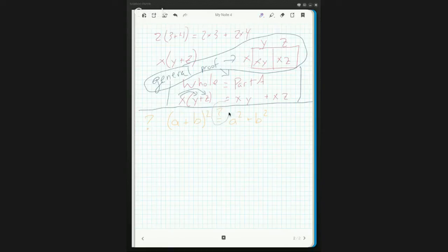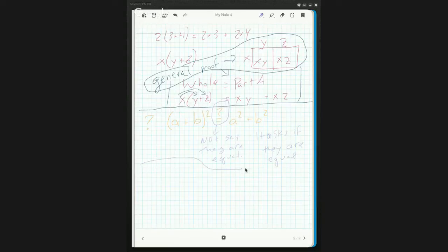This symbol does not say they are equal. It asks if they are equal. So that's this equals with a question mark over it. It's asking if they're equal.